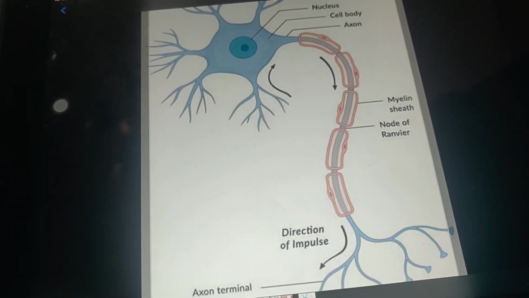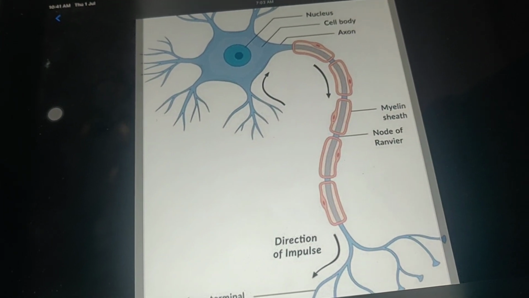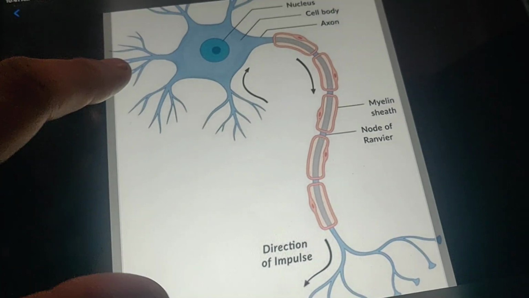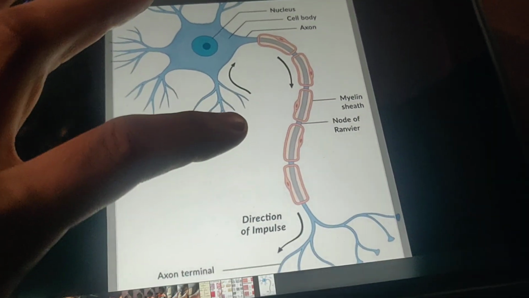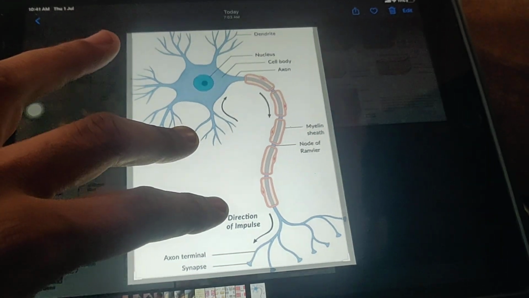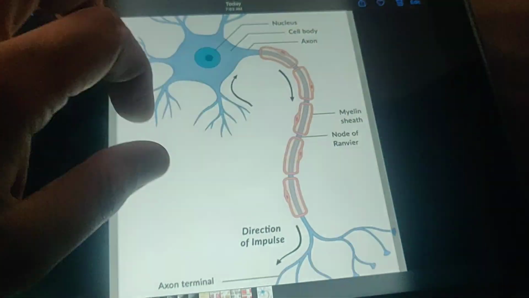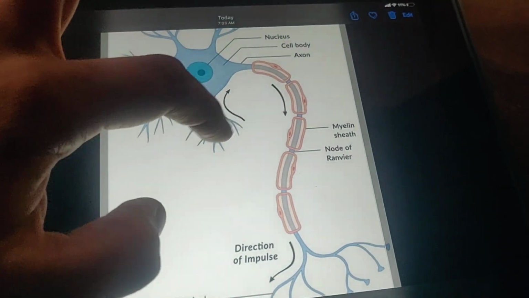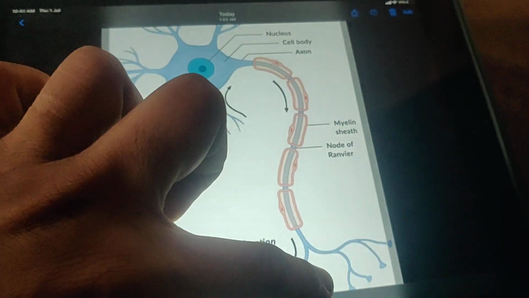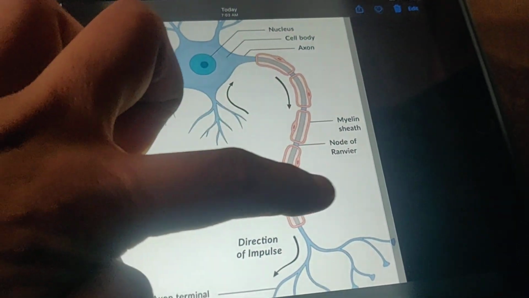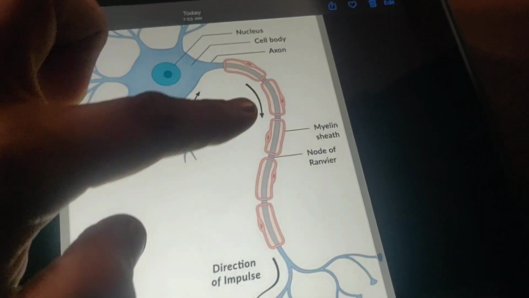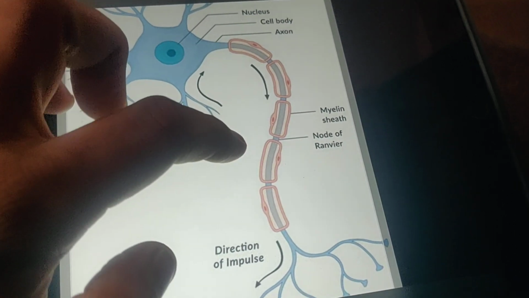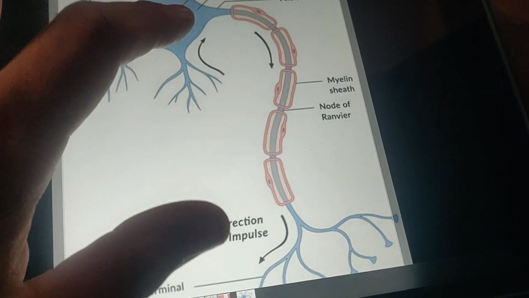Each neuron consists of a cell body, one axon and the dendrites. These are the dendrites, these are the terminal buds, this is the myelin sheath. In between the myelin sheaths is the node of Ranvier. That's the structure of our neuron.